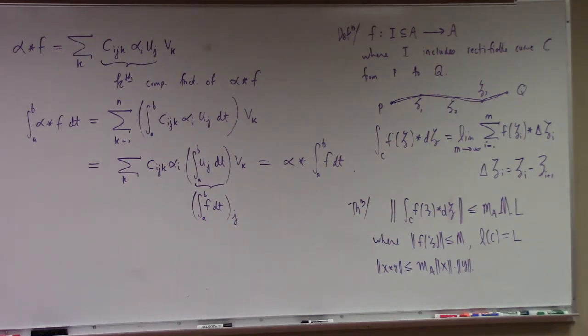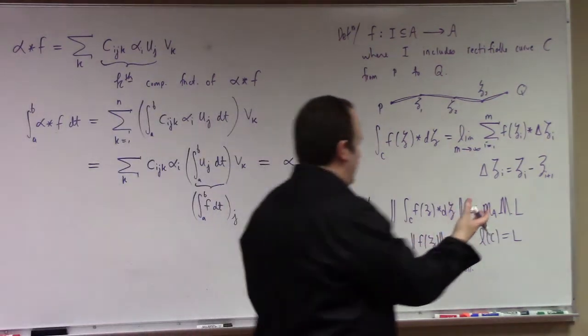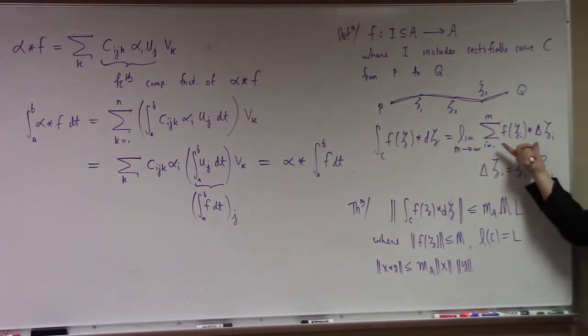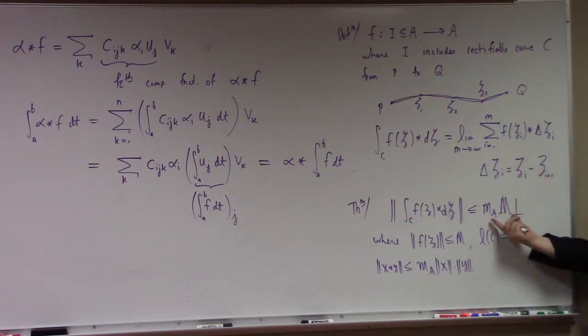This is completely easy. The proof is absolutely trivial if we adopt the definition that I just did. All you do is take the norm of this thing, apply the definition of m sub a, then replace that with its bound, you pull the M out, and you're left with an integral which represents arc length, and so out pops this result.